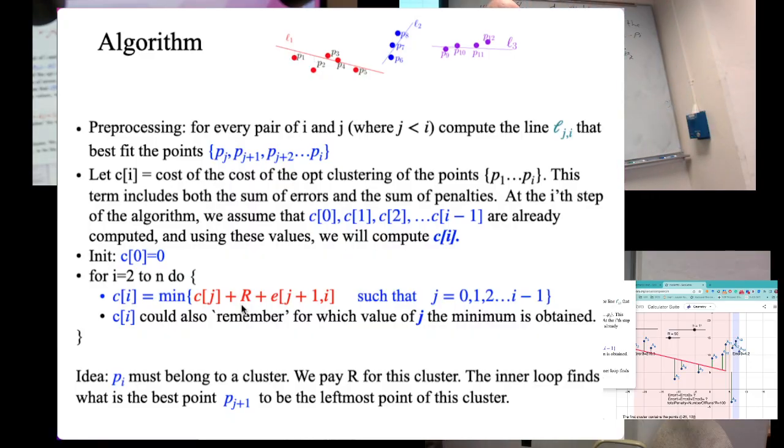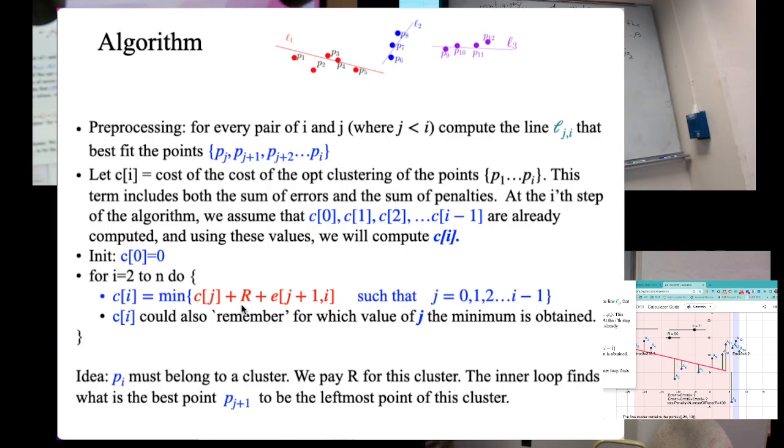But now I'll ask, if P3 is in a run, who else is in a run with P3? What is the leftmost point of the run that contains P3? I don't know if the leftmost point will be P2 or P1.